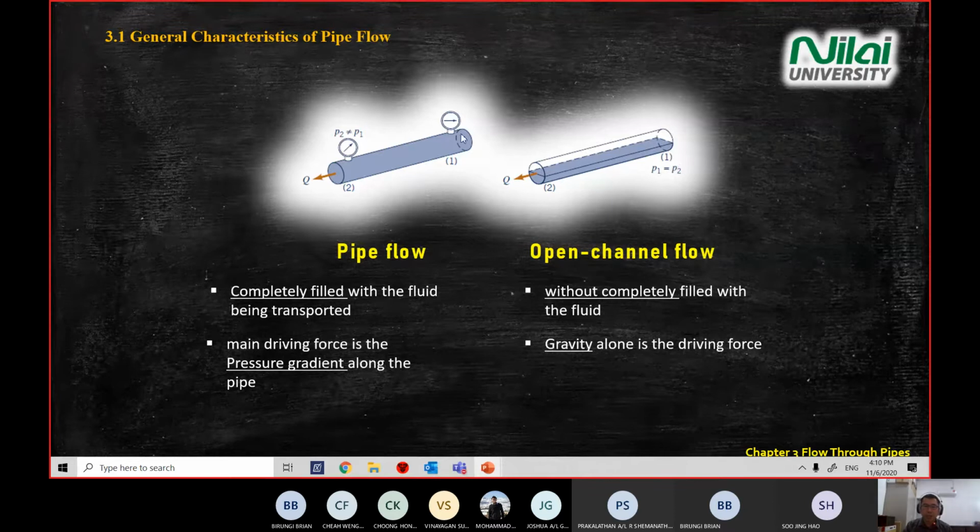So these are the differences between pipe flow and open channel flow. If you are doing final year projects and you deal with a pipe system, you have to clearly demonstrate your understanding of the difference between pipe flow and open channel flow.